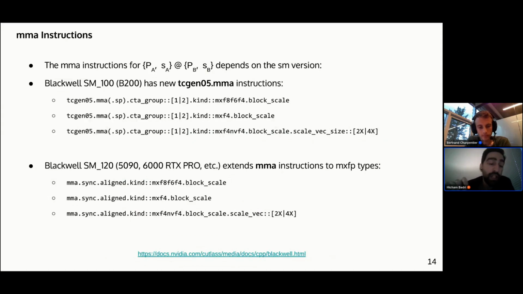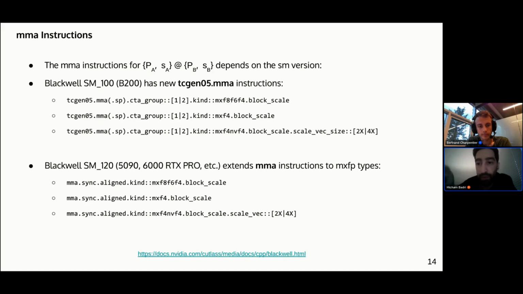Instructions for SM100 use this TC Gen 5 MMA, and the ones in SM120 actually use the regular MMA sync, but with a new identifier, which is this block scale. So this is the first difference: Blackwell SM100 and Blackwell SM120 are very different.